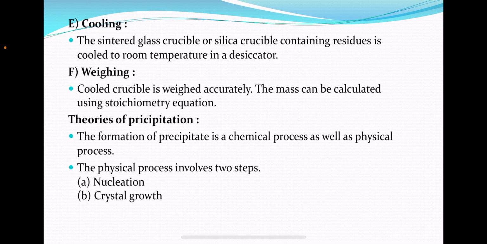When we have to weigh a compound, to measure its mass, definitely it should be in a solid state. If it is in a liquid state or in gummy nature, we cannot measure the perfect amount of mass of the substance. For that reason, it has to be converted into pure solid.